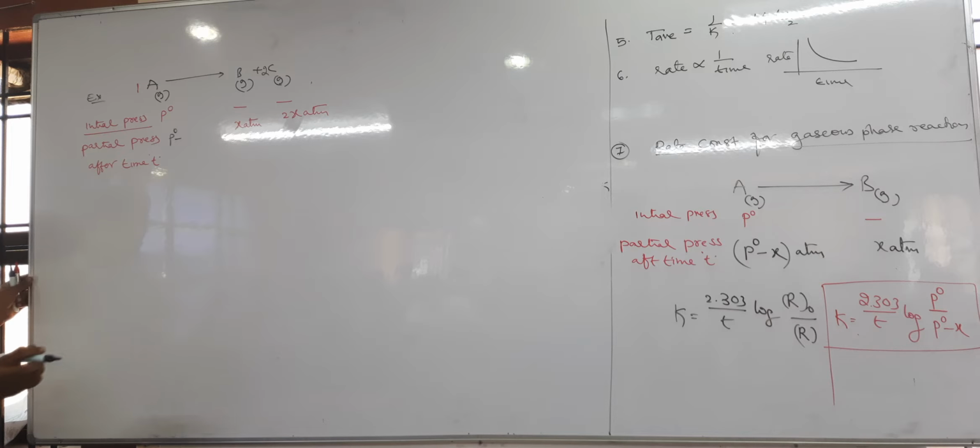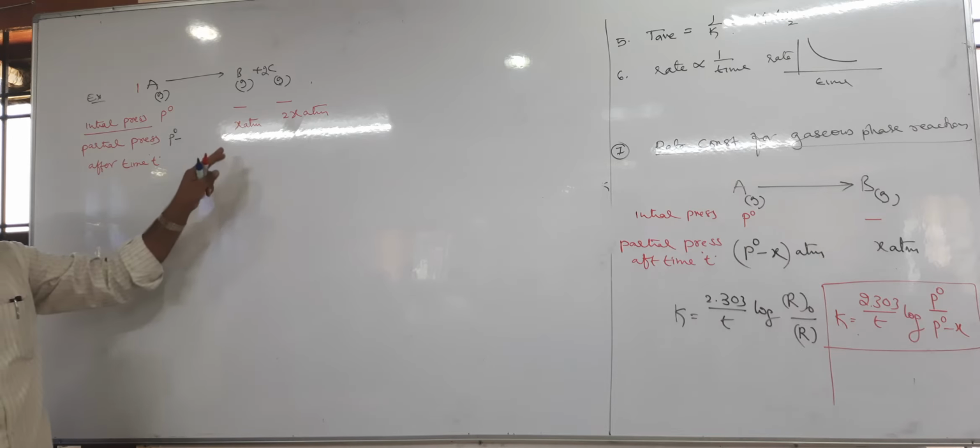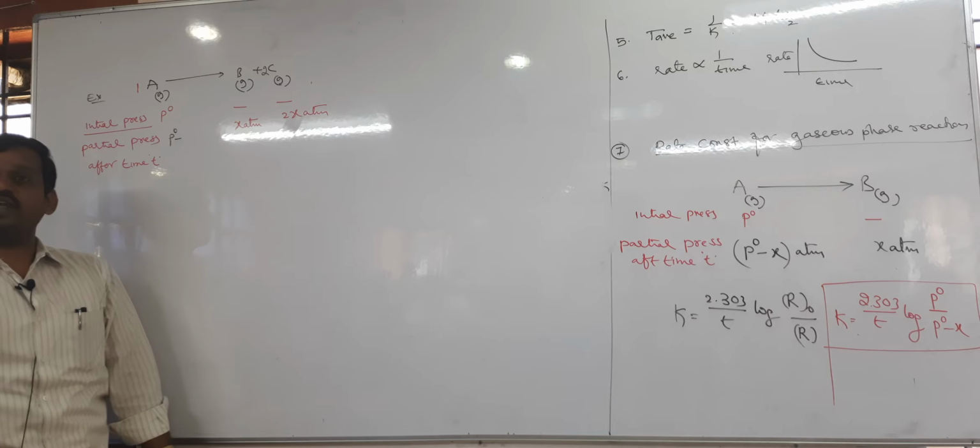Initial is P naught, then minus X or 3X?